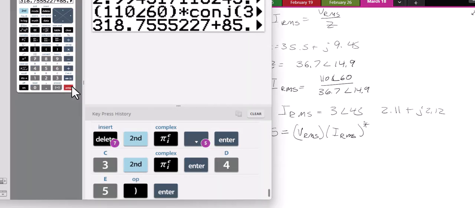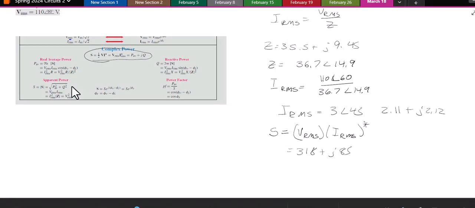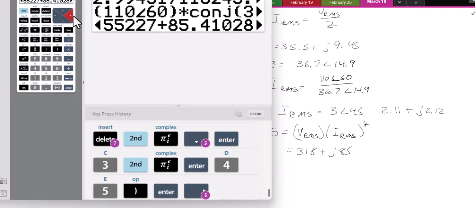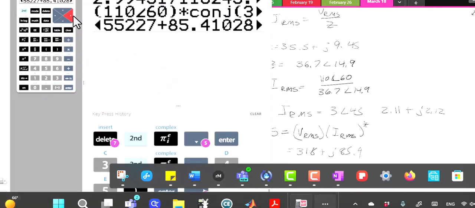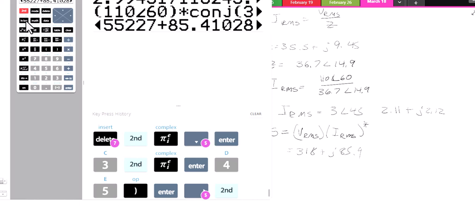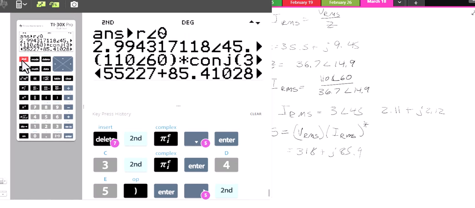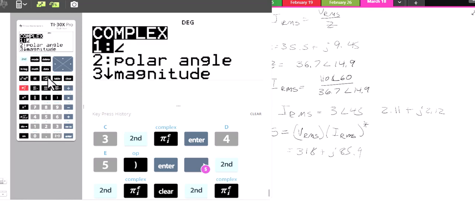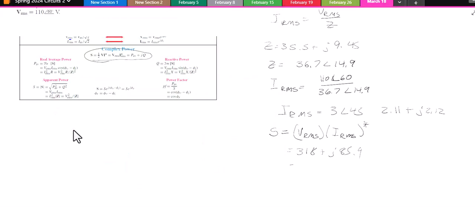And I get 318 plus J85.4, or in polar, 330 angle 15.